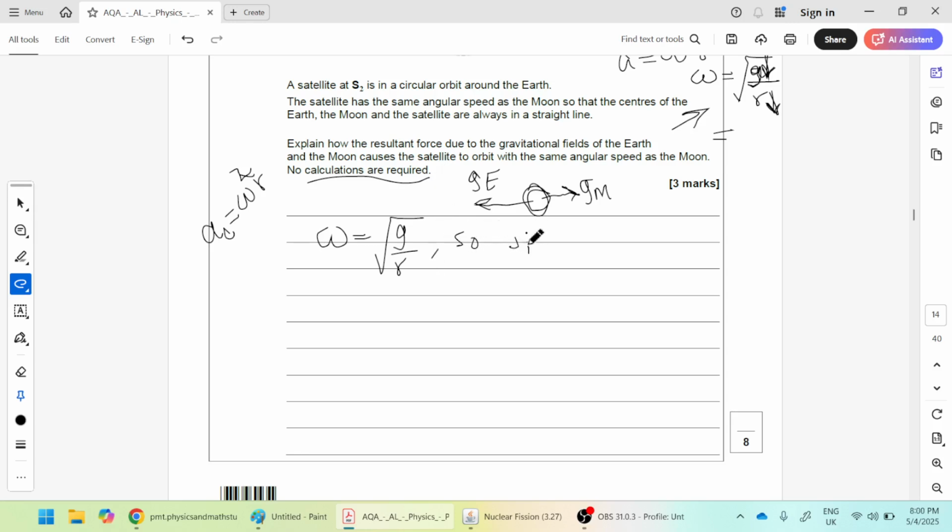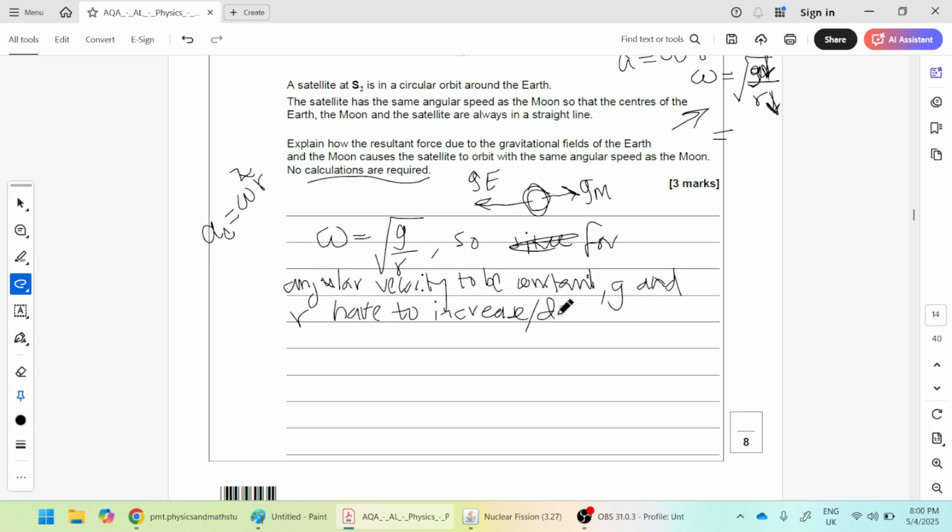So for angular velocity to be constant, g and r have to increase or decrease proportionally.